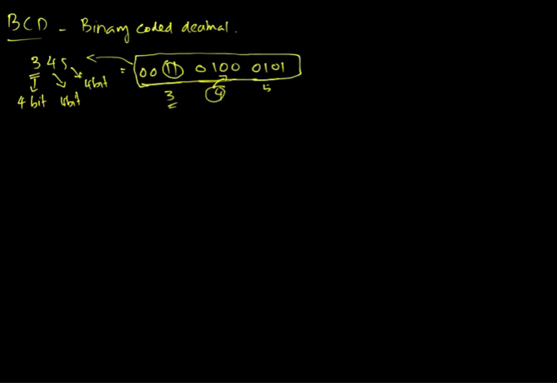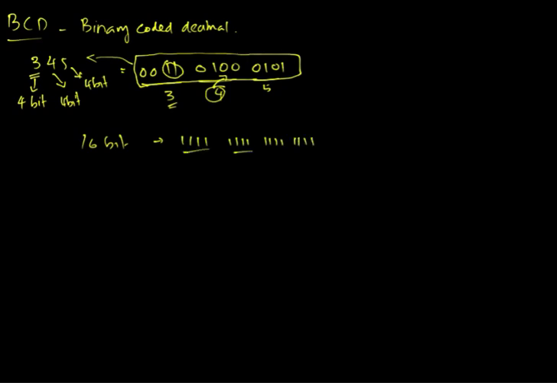Now if you consider a 16-bit register, the largest number possible to represent using BCD is with all 16 bits being 1.